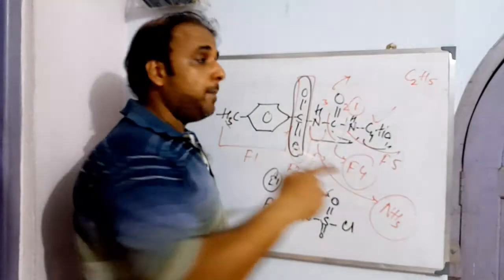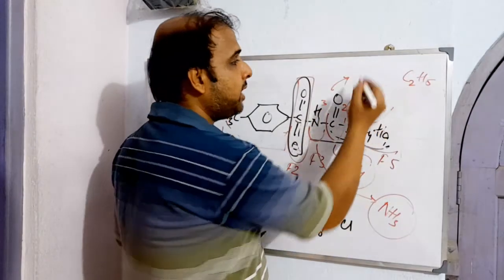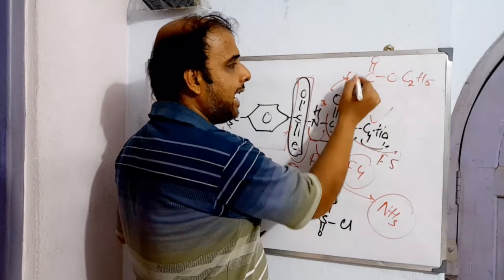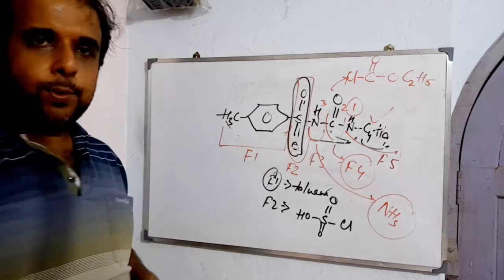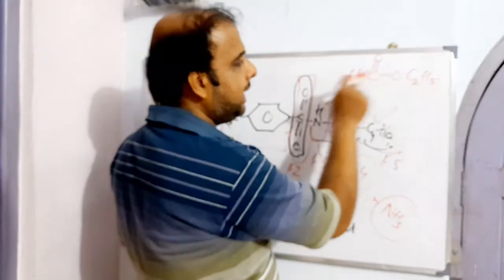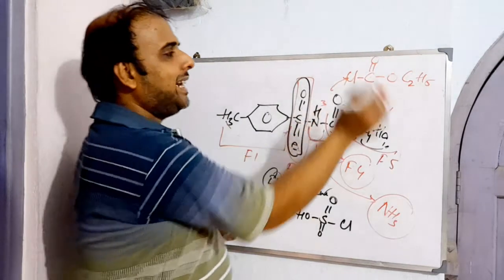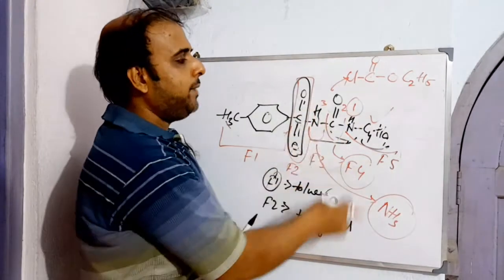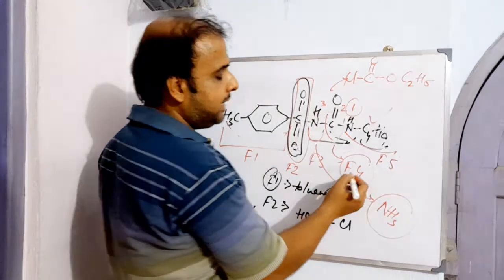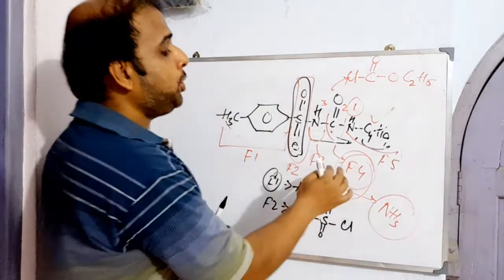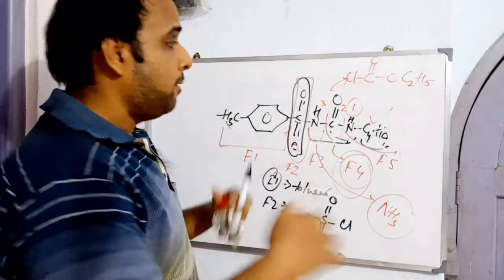Ethyl is the alkyl portion, then formate is like this, and at this position we have to put one chloro. Thus we got ethyl chloroformate, where the hydrogen has to be replaced with chlorine. So this is the final, or probable, shape of this F4 in the form of a reagent, right?